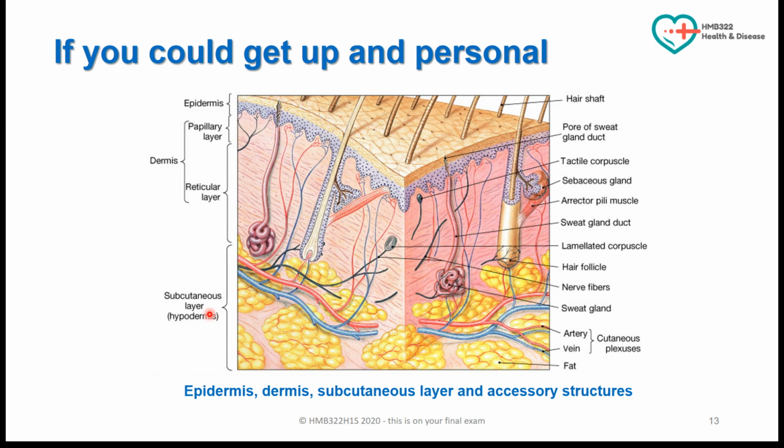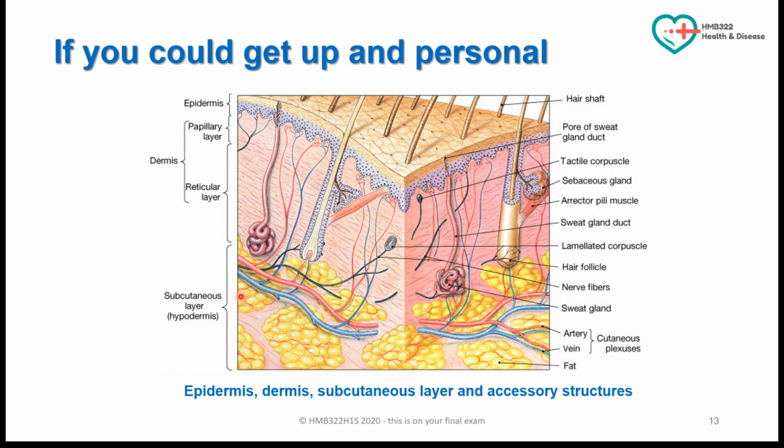Again, you don't need to worry about memorizing anything on this slide, just to orient you a little bit. In today's lecture, because you'll need this for next week and the week after, we're going to talk about the different layers within the epidermis. Then we'll come back and talk about each of the different cell types that are affected in basal cell, squamous cell, and melanoma. Below that, we have the dermal layer, which can be separated into two other layers: the papillary layer, which is superior, and below that, or inferior to that, the reticular layer, all part of the dermis.